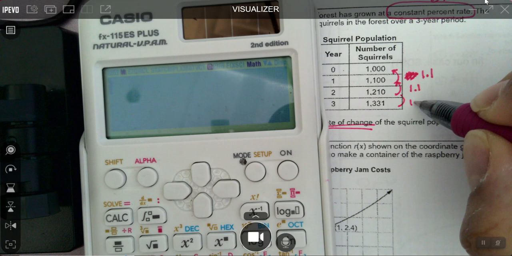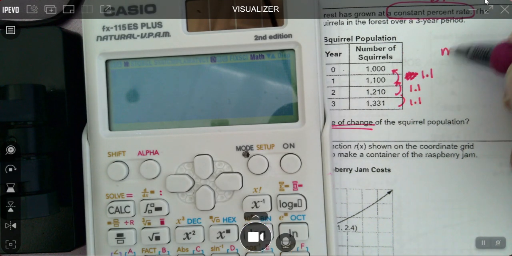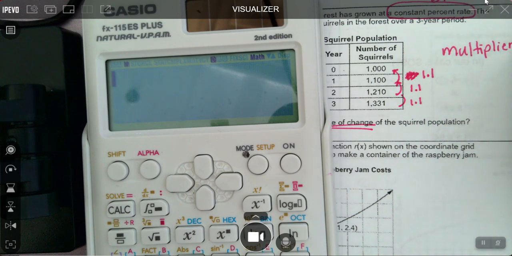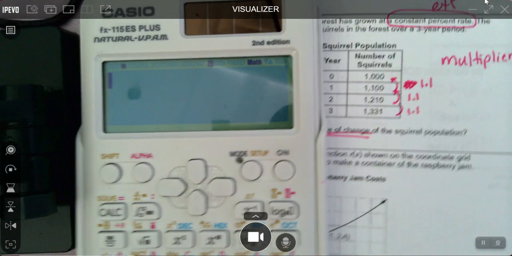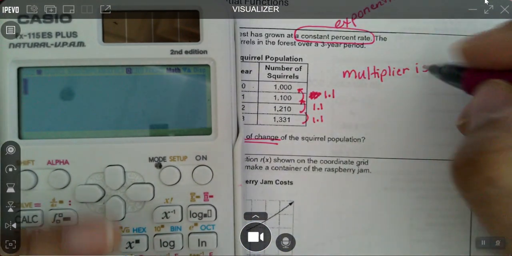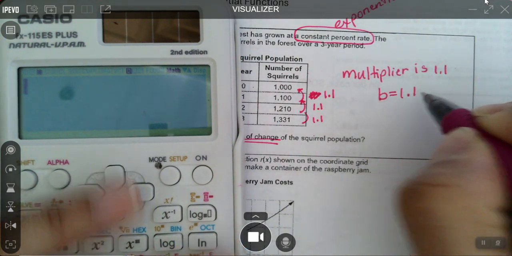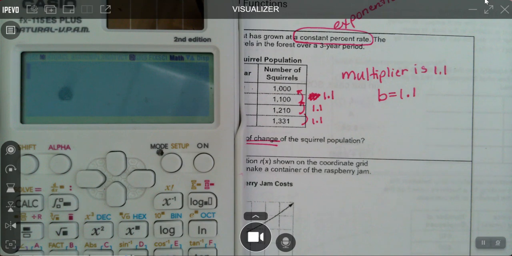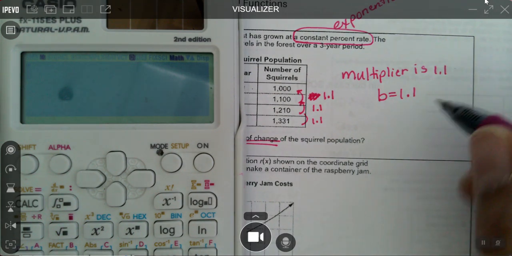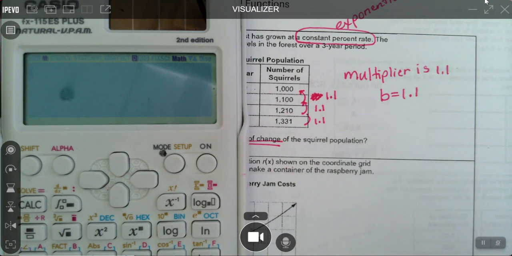Okay, so it's growing by 1.1. So the multiplier, pay attention on this, the multiplier is 1.1. This is B. B is 1.1. Clear? Is this growth or decay?